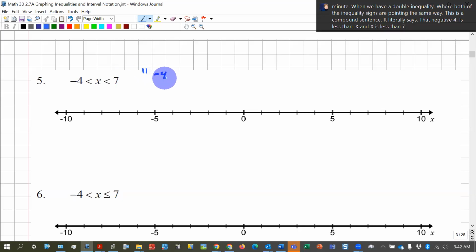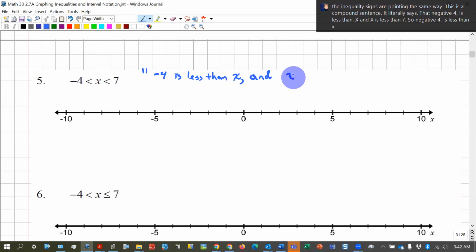So -4 is less than x and x is less than 7.